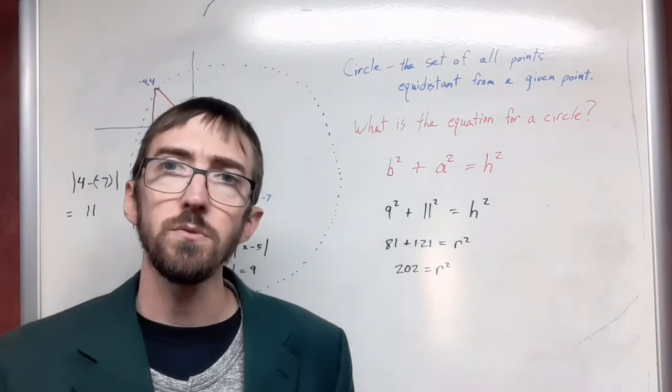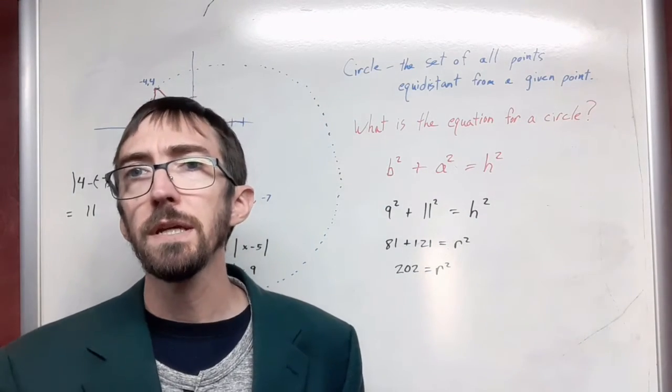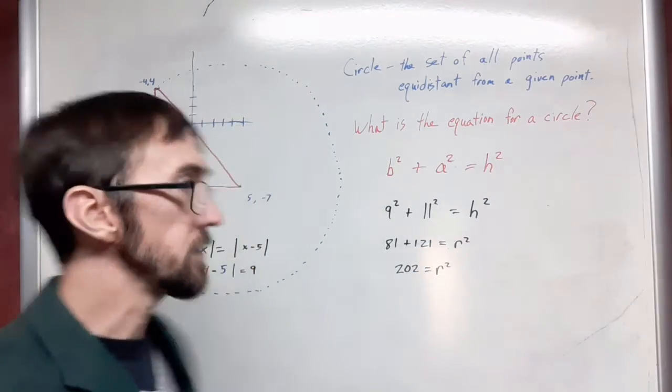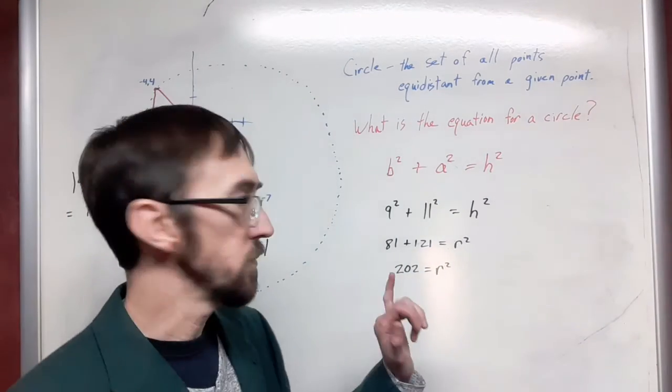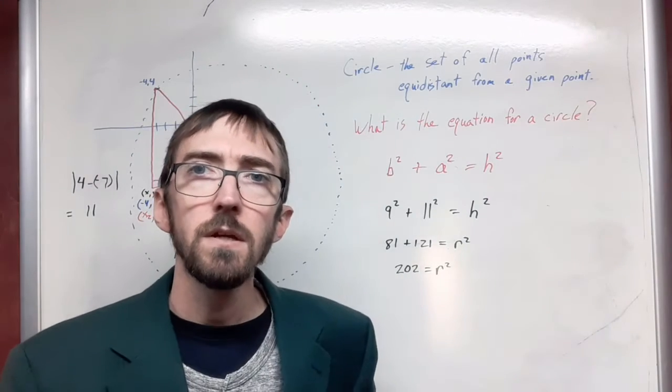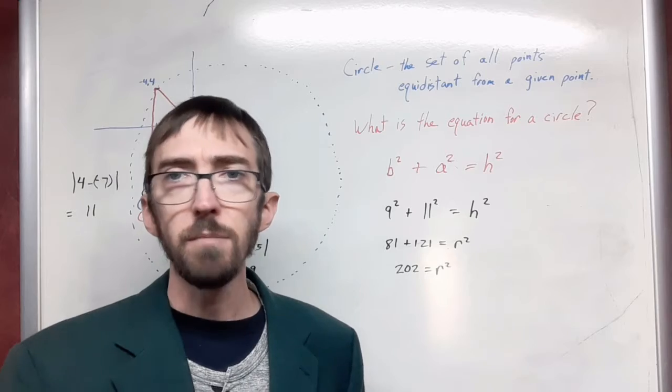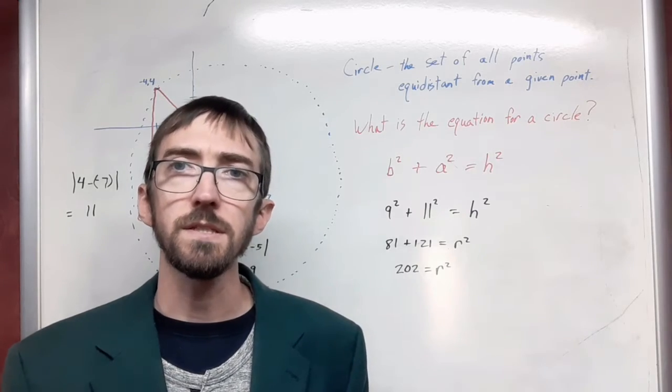So I don't have to take the square root of this right now. But if you were looking at the distance formula, you would take the square root of this to know the distance of the radius itself. Remember, this is the radius squared. So I haven't found the radius specifically yet, but I'm one step away. I merely need to take a square root.